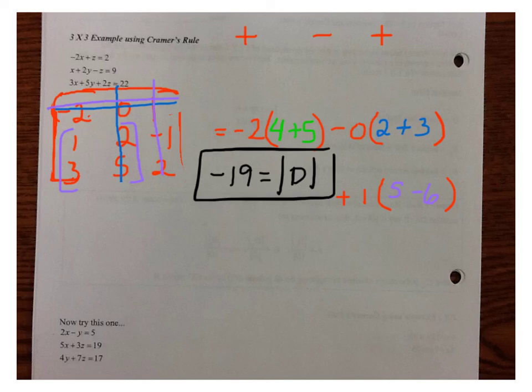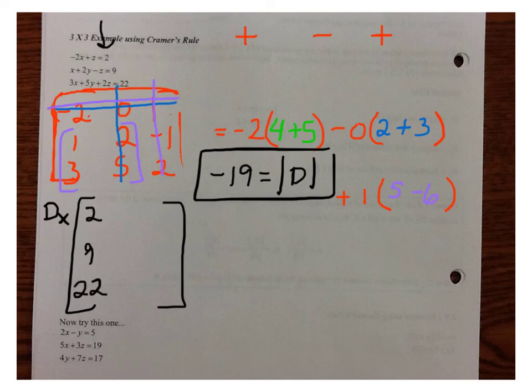Then if we follow the same thing we did with the two by two, if we want to find d sub x, what I do now is replace the first column with this 2, 9, 22, and then the other columns remain the same. Then if I want to find d sub y, same idea.